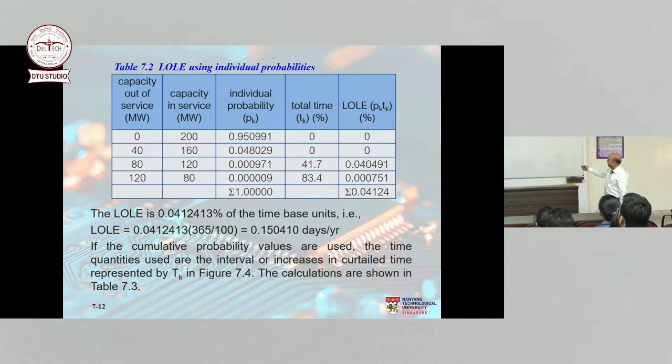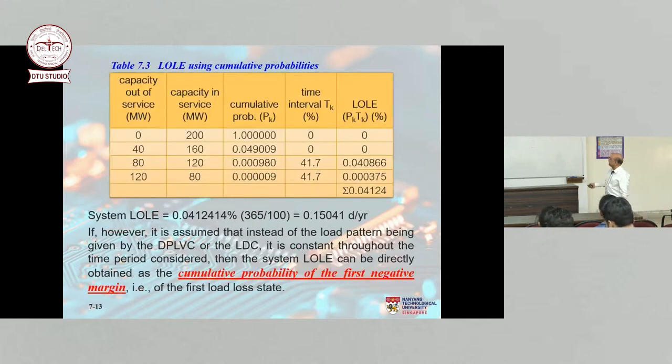If the cumulative probability values are used, then this is what the table will look like. We know the cumulative probabilities, I know by now you all know from the state probabilities how to determine the cumulative probabilities, and then the uppercase T, so this is cumulative probability, uppercase P, uppercase T, for the first two cases 0, third case it's the small t3 minus 0, and for the fourth case it's small t4 minus small t3, which also happens to be 41.7.